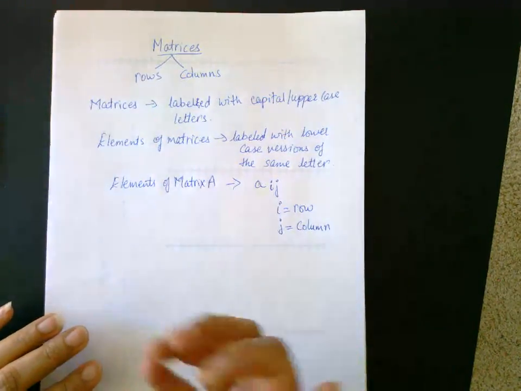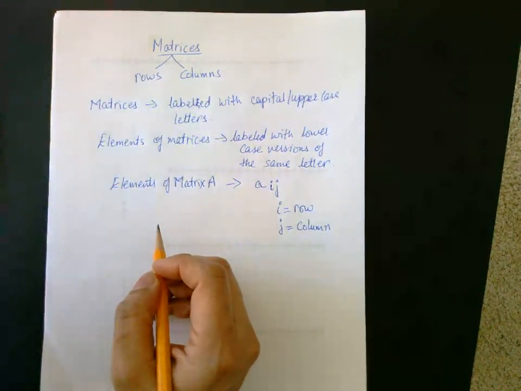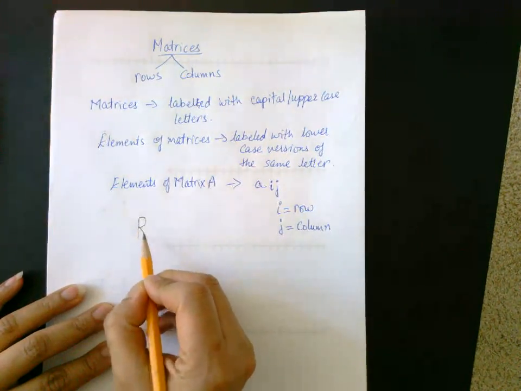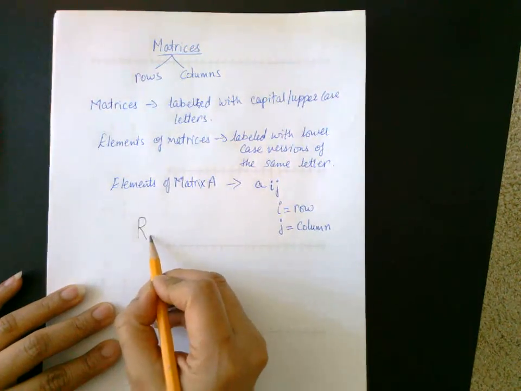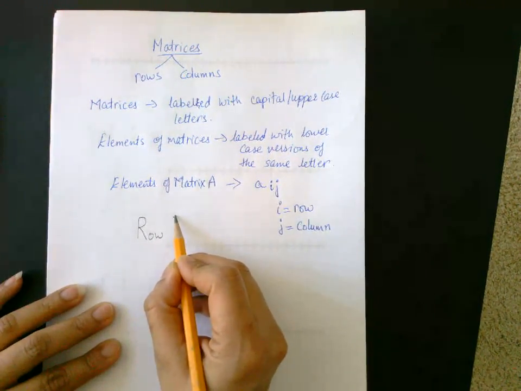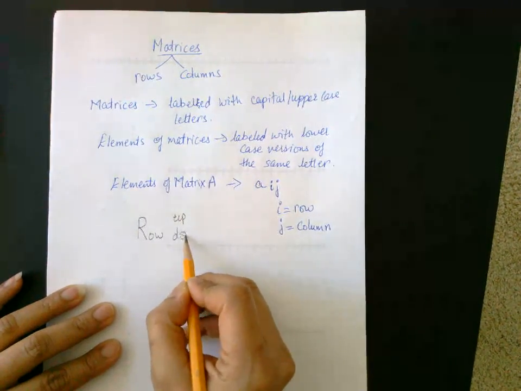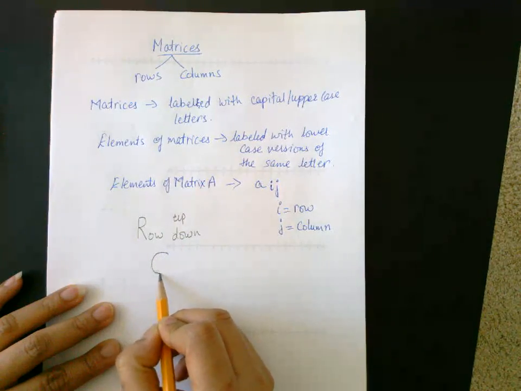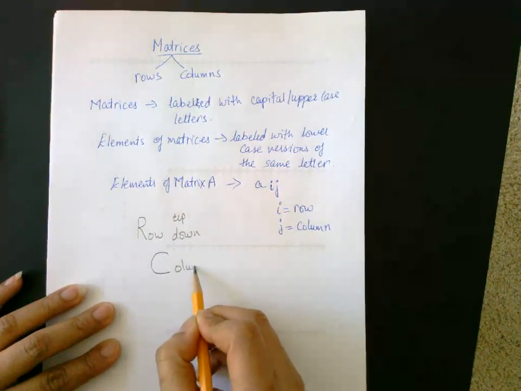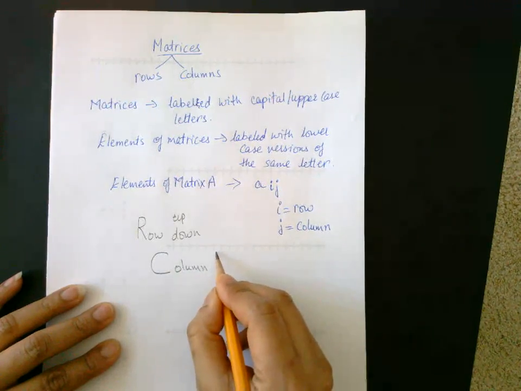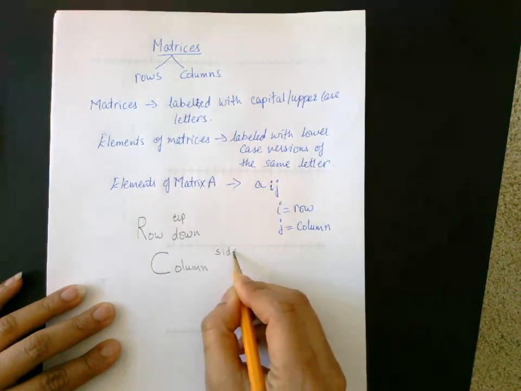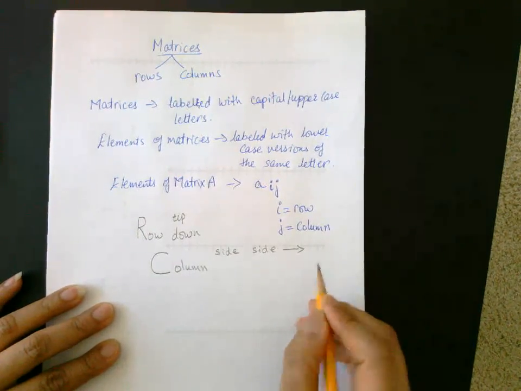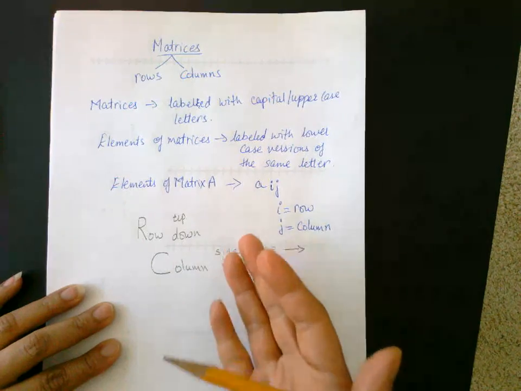Now, what is a row and what is a column? How I understand, because it is confusing for me, I understand row as this, up and down. So row is nothing but up and down, right? Now column is from one way to the other. So for me to understand, column is side to side, going in this direction. So this helps me to understand what is a row and what is a column.